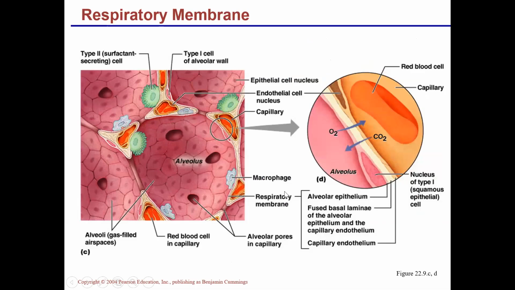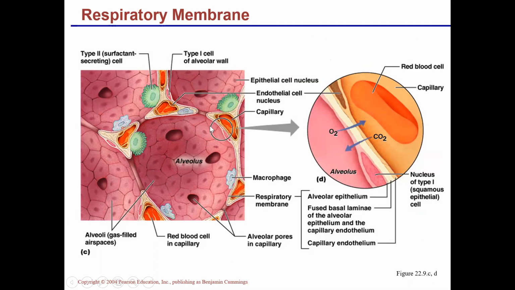Again, this is a bigger picture. You can see simple squamous epithelial cells, blood capillaries with RBCs and other cells inside. Here are type 2 cells, and a macrophage.